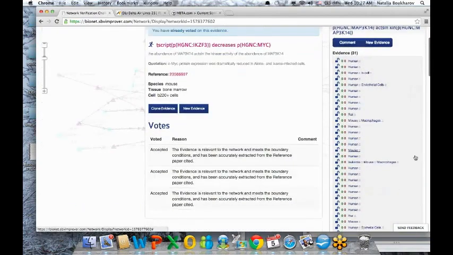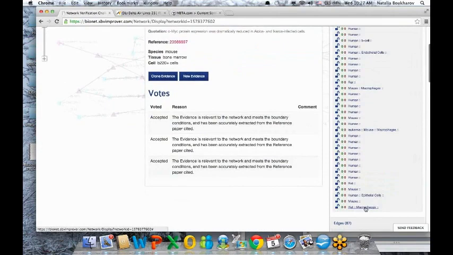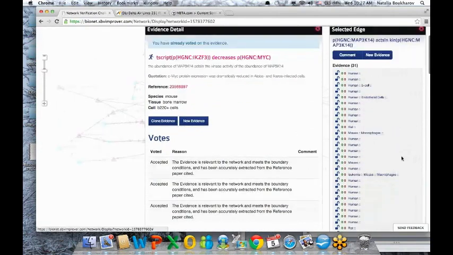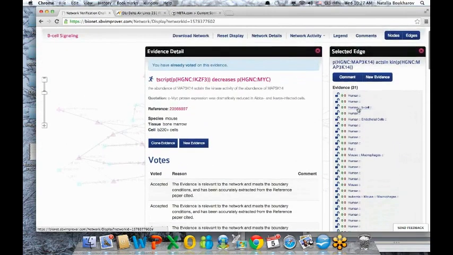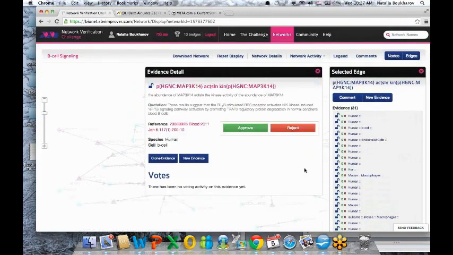Some edges have a lot of different evidence that was pulled from the Solventa knowledge base. You can see here that we can approve or reject this evidence based on the reference that is included.